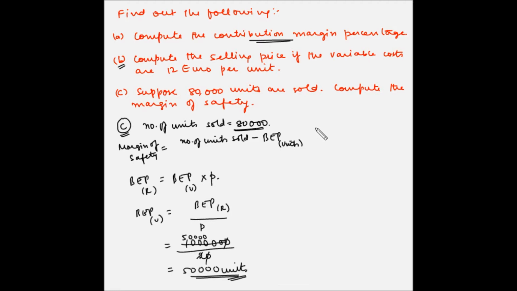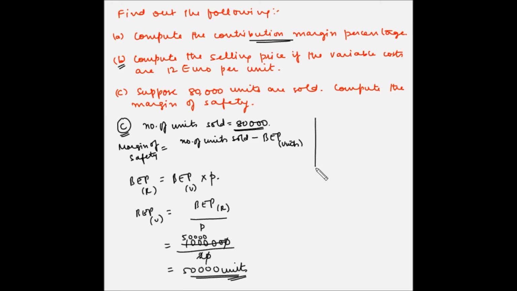Now we know that margin of safety is number of units sold minus the break-even point in terms of units, or in other terms, margin of safety is the amount of sales that the company can afford to lose before it starts hitting the break-even point, and if it goes even below that, then it starts hitting losses.